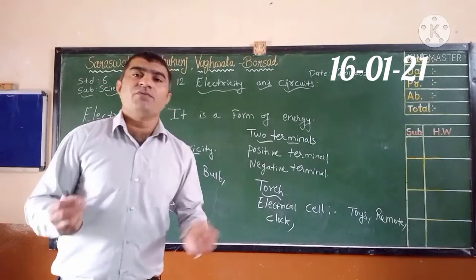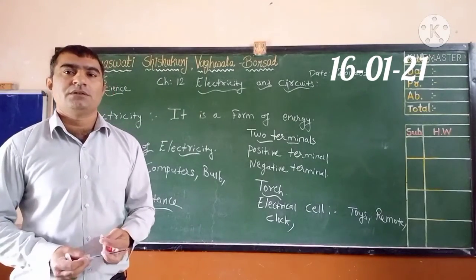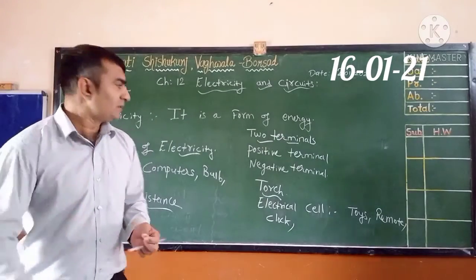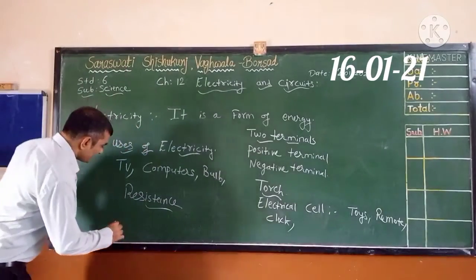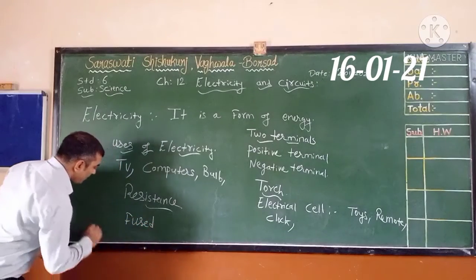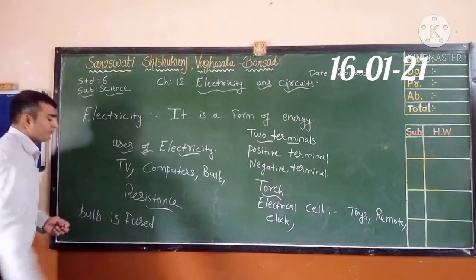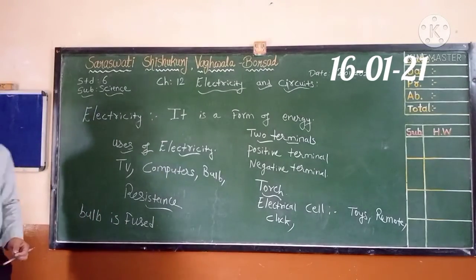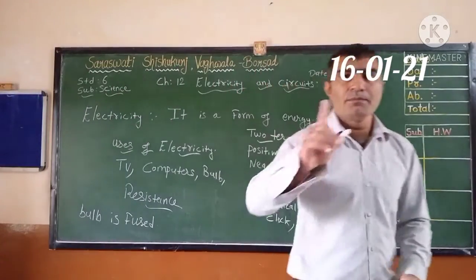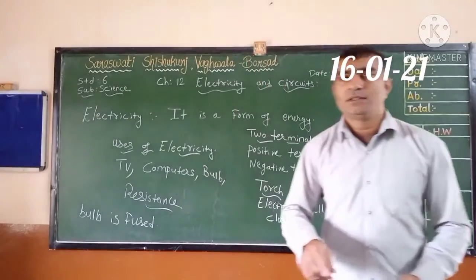Now, sometimes what happens? Due to excess electricity, the thin wire melts or breaks. It is known as fused. The bulb is fused when the filament breaks due to the excess of electricity.